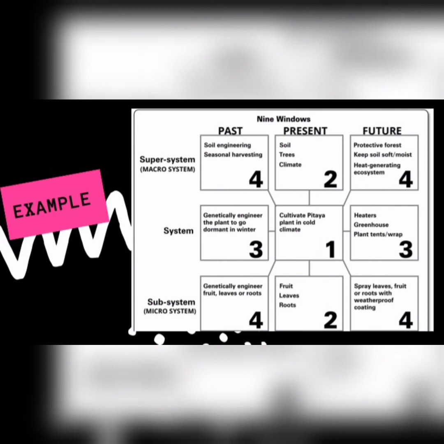And at the bottom is subsystem, which is a component of the problem. In the past cell is genetically engineered fruit, leaves, or roots. And in that same row, in the future, maybe spray leaves and fruits with waterproof coating.